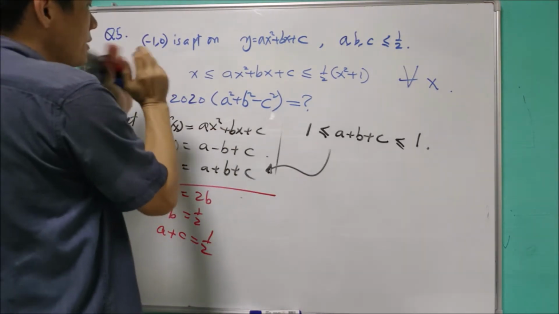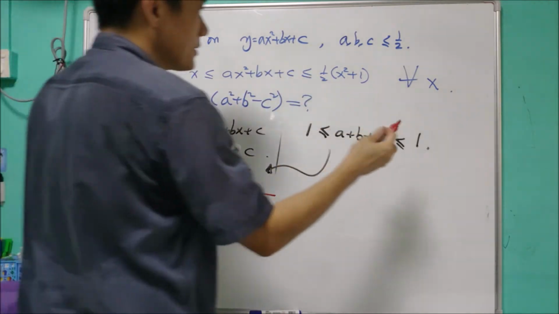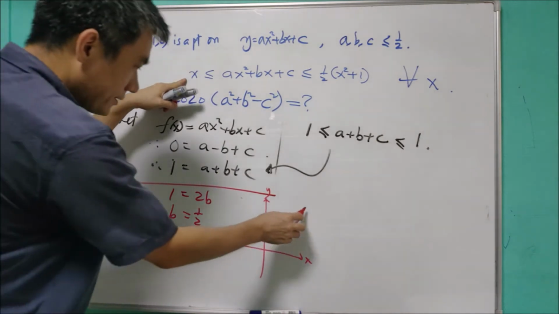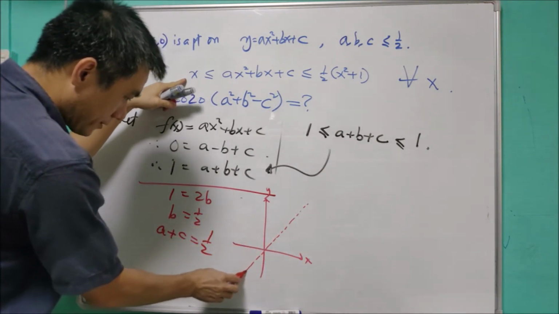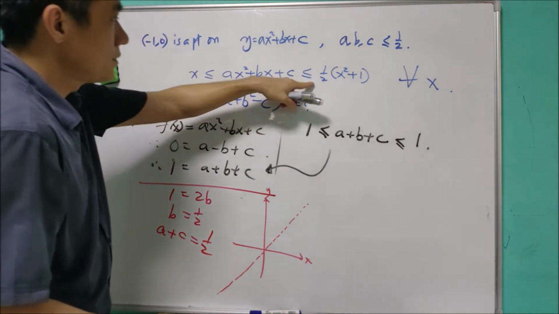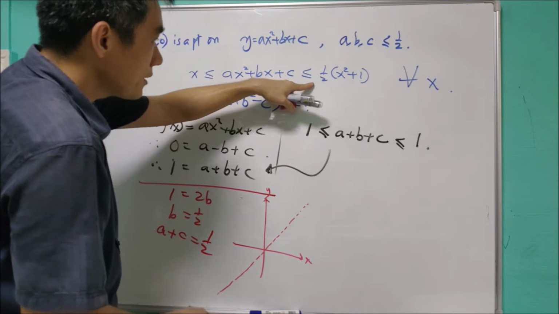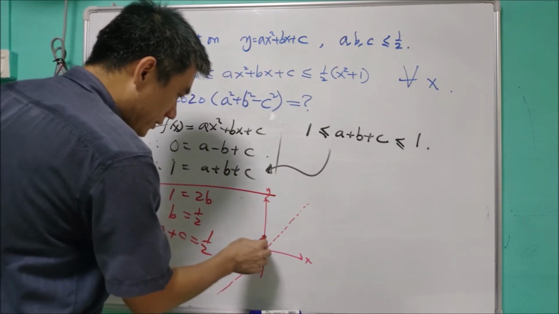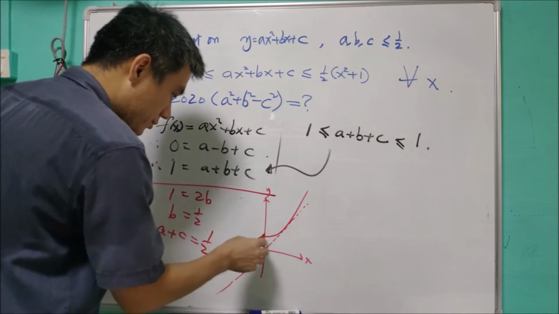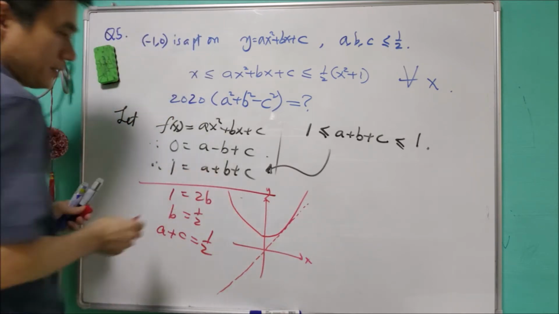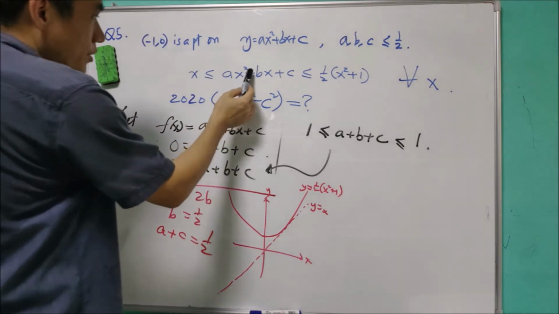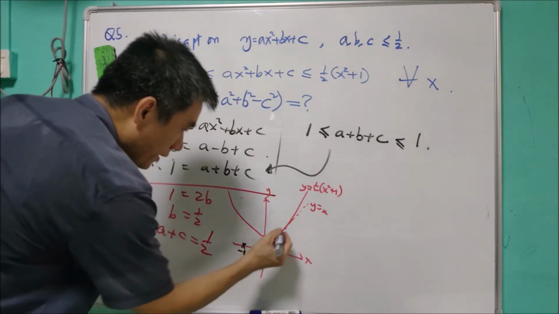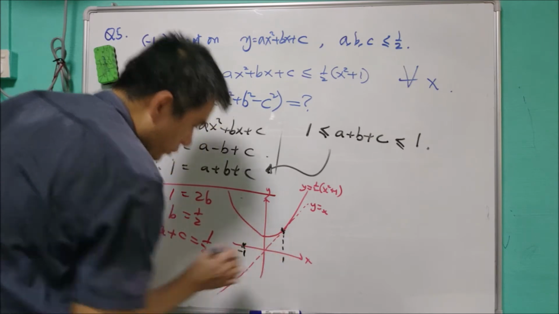If we consider the graph of each function, then we'll see that this is the graph y equals x. This is y equals half x squared plus 1. So this is half, and it passes through 1 when x is equal to 1. And the graph ax squared plus bx plus c passes through -1, this point, and this point when x equals 1.